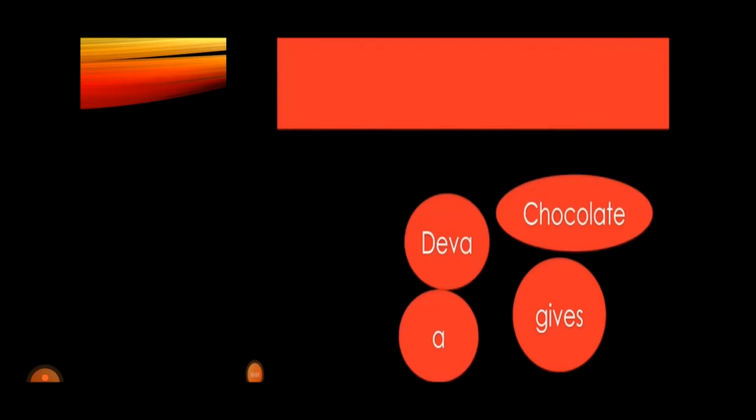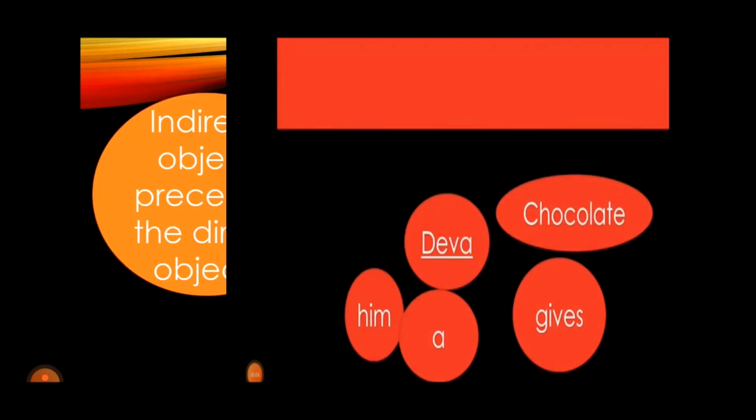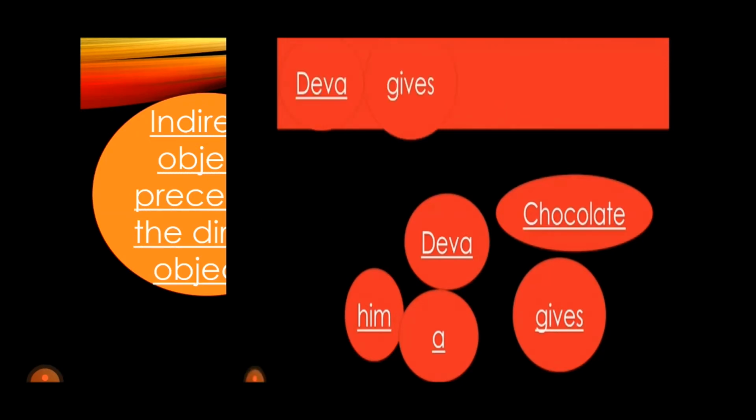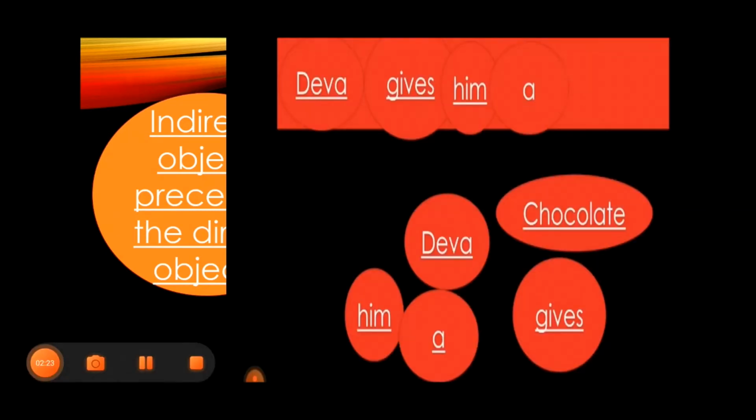This is what we are going to see. The indirect object precedes the direct object. That is what we are going to learn, my dear students. Him is the indirect object, chocolate is the direct object. Now we will move on to the next slide.